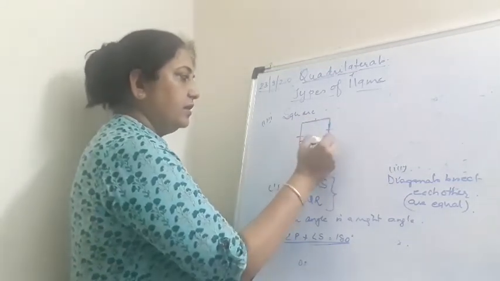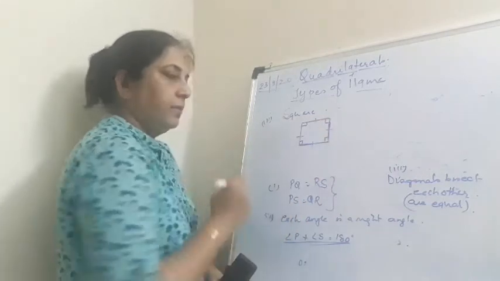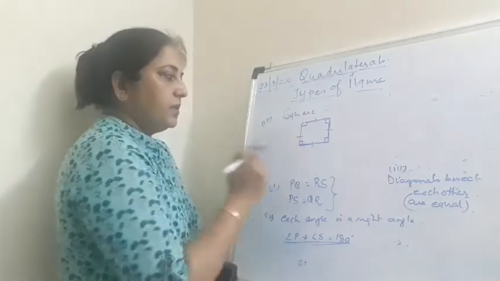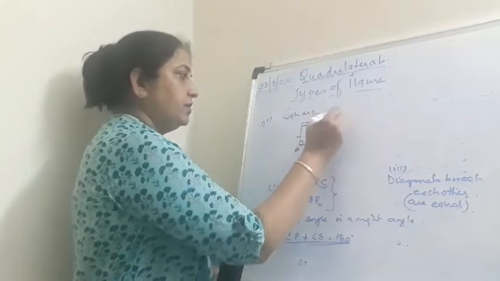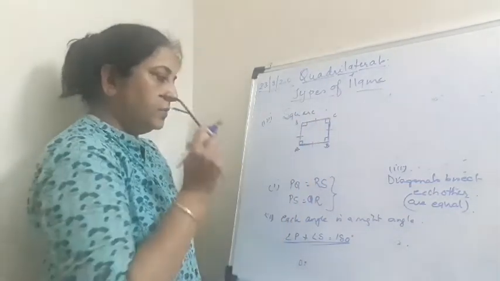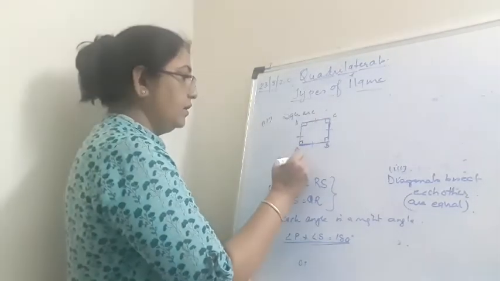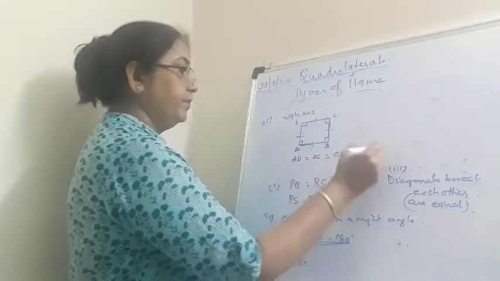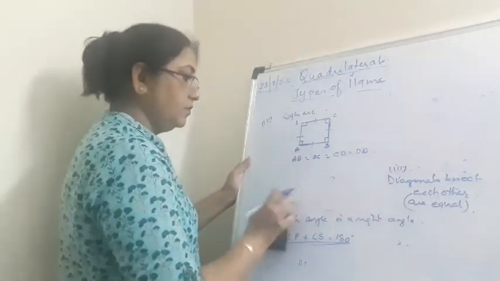Here also each angle is a right angle. Since each angle is a right angle, adjacent angles will be supplementary. So we can write AB is equal to BC is equal to CD is equal to DA.